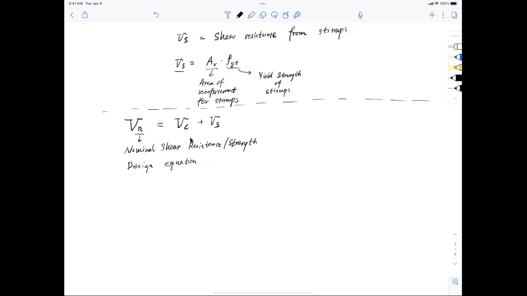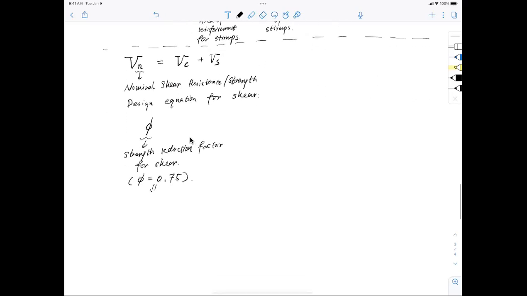If I were to do design, the design equation for shear becomes different. So now I have phi, and don't forget, this is also the strength reduction factor, but this is the strength reduction factor for shear. And know that phi for shear is always equal to 0.75, which means it will not change.